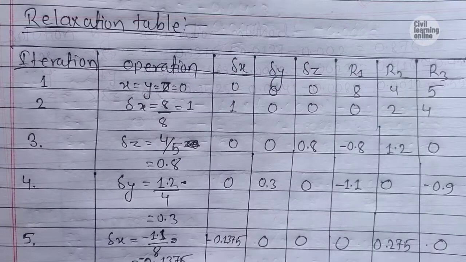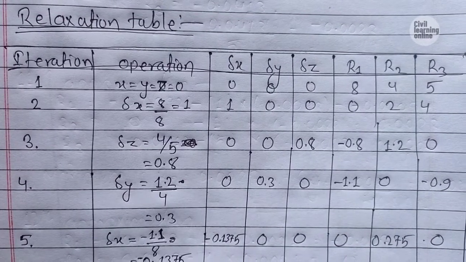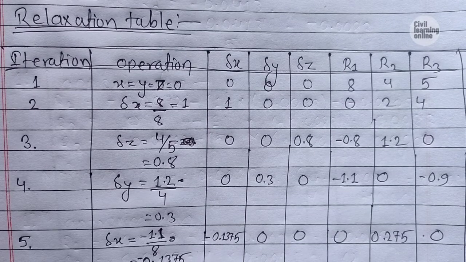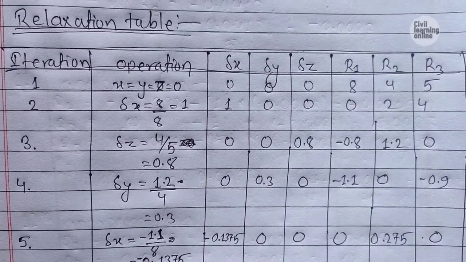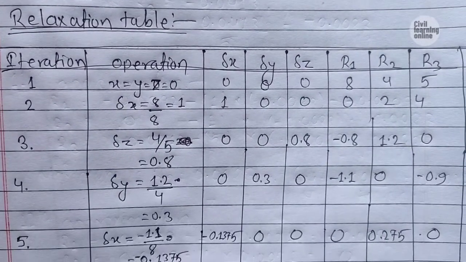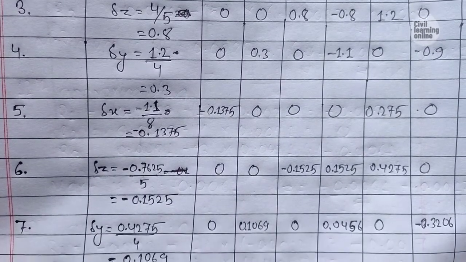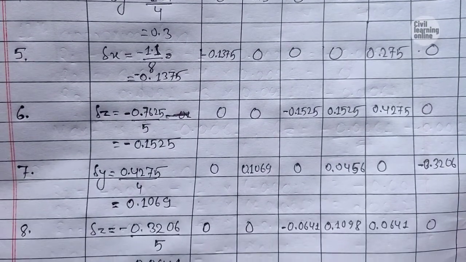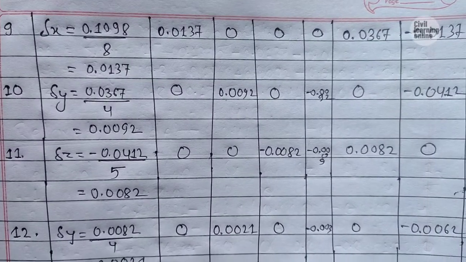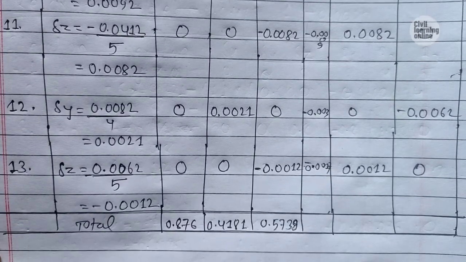Here is the relaxation table which depicts all the values which we calculated in this numerical up until approximation 13, and the value of x, y and z which we have calculated previously. Now you simply need to pause the video and copy all the values which I have written in this table, up to 8, and here 9, 10, 11, 12, 13 and the total value of x, y and z.